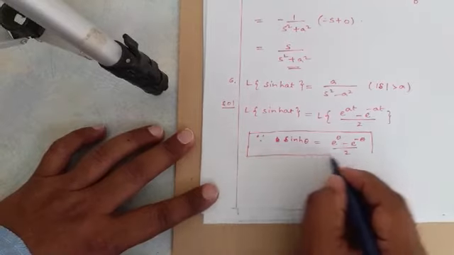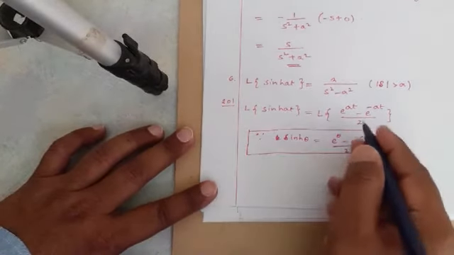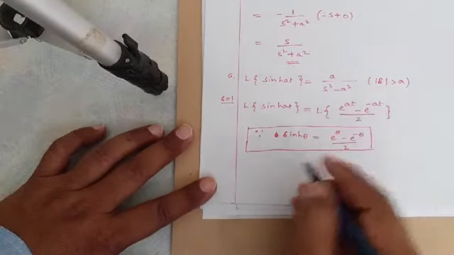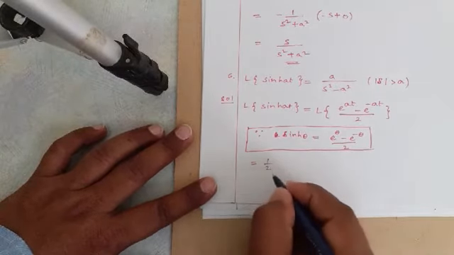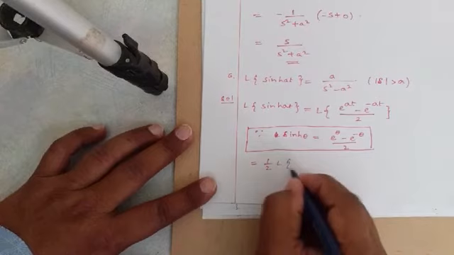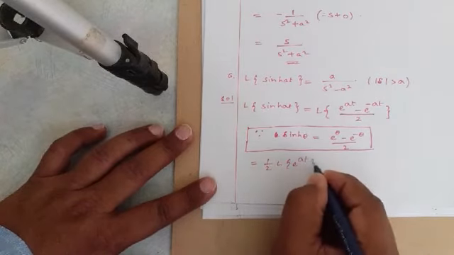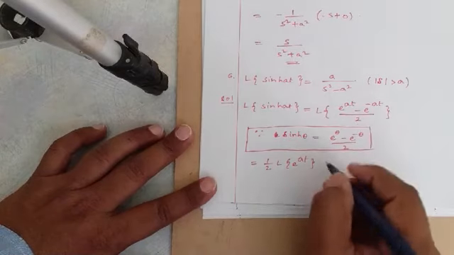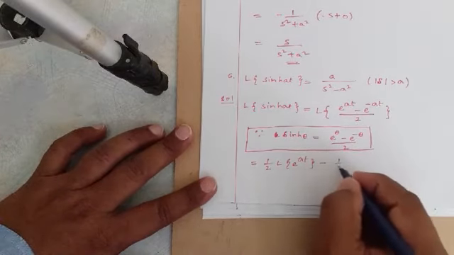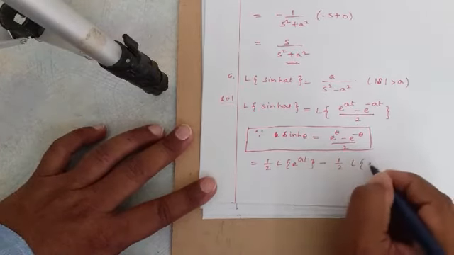So when you apply this Laplace to this hyperbolic function, this is equal to 1 upon 2, that is constant, Laplace of e power at. I'm separating the functions by taking the constant outside, minus 1 upon 2 Laplace of e power minus at.